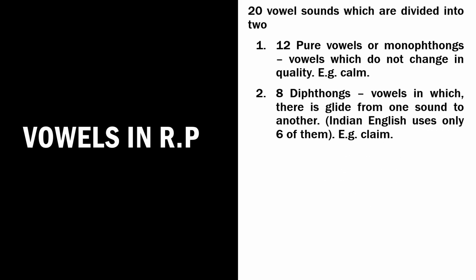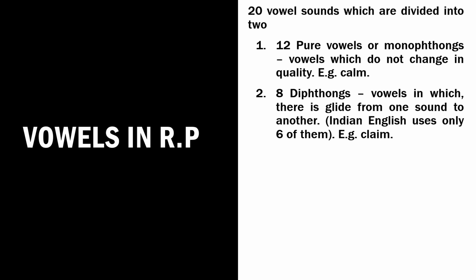You can hear the sound of A after K. We never change that sound of A in that example. And the 8 out of 20 are known as diphthongs, which are vowels in which there is a slight change from one sound to another.